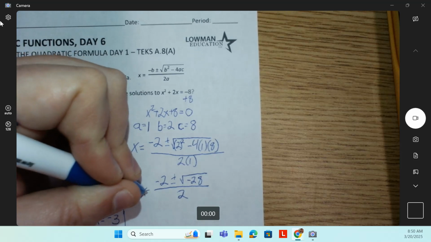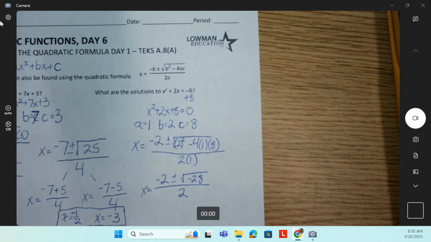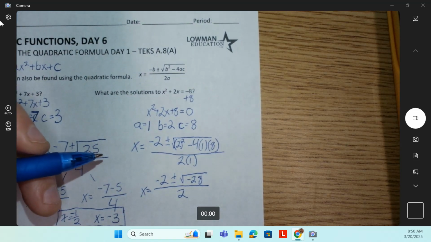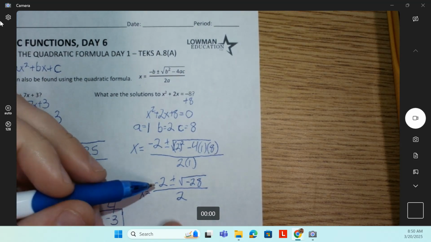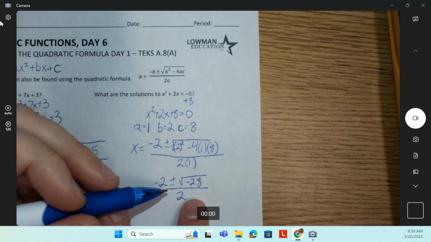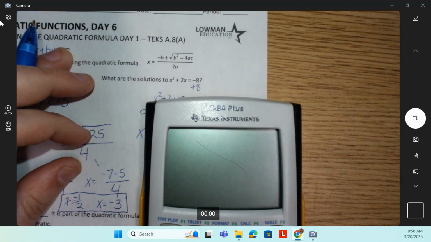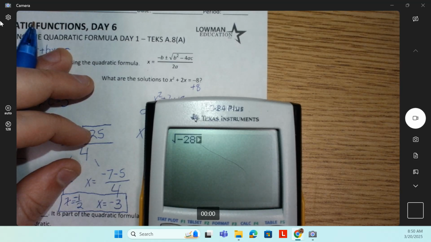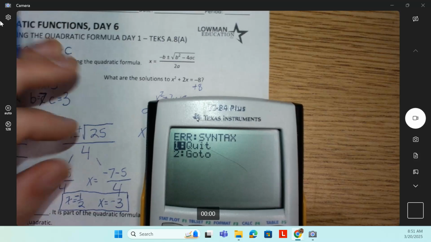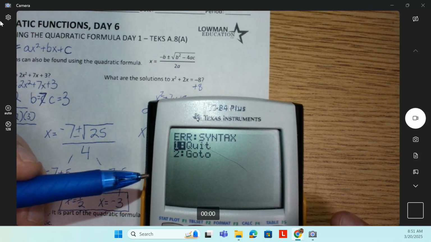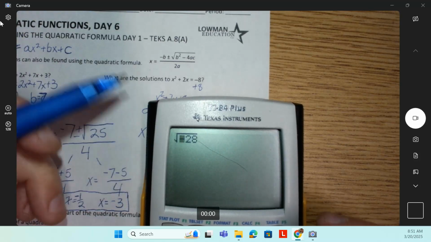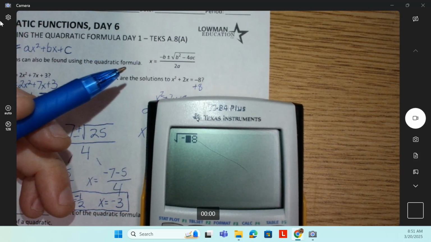And so what I have here is taking a square root of a negative number. And if I were to try to do that, square root of -28, then I get an error because of that negative there.